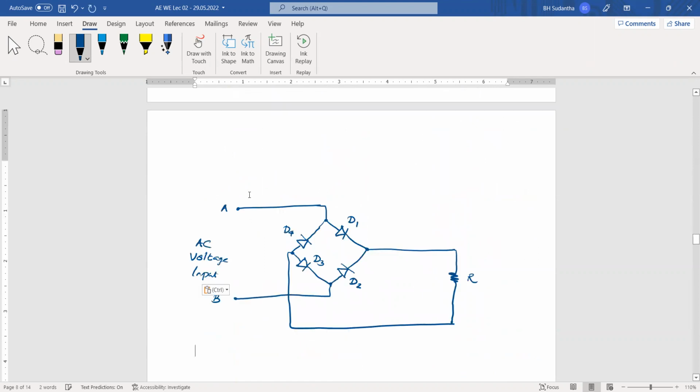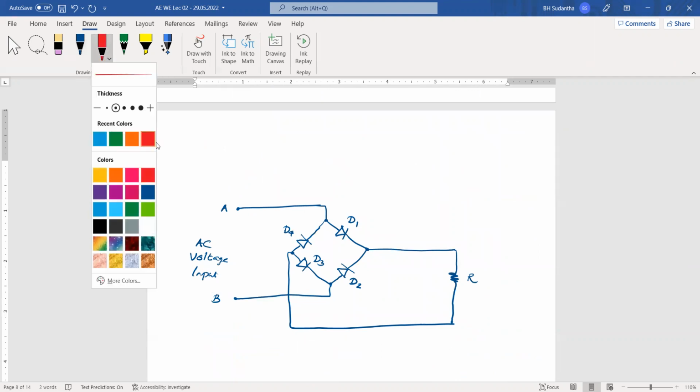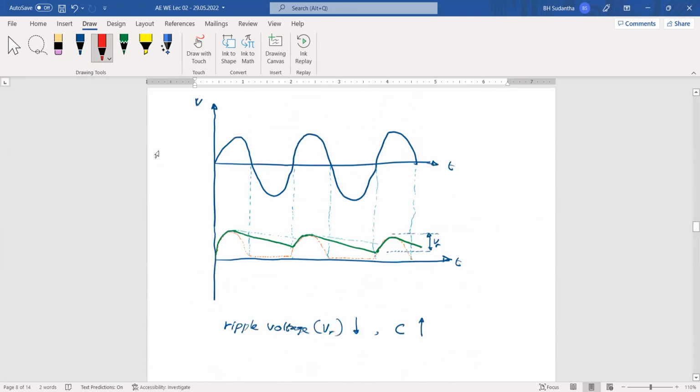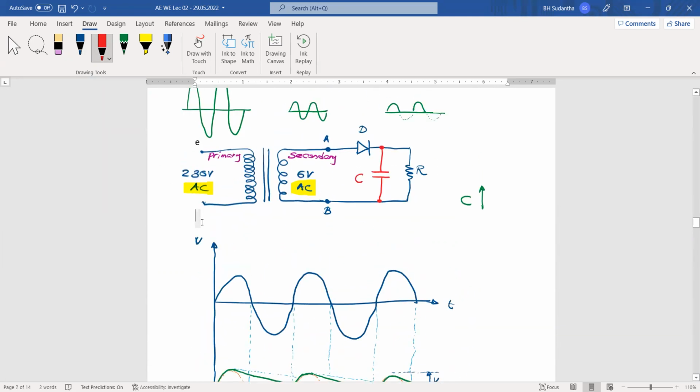So in this full wave rectifier circuit, we can introduce this capacitor here also. Then let's try to understand what will happen, and we can take this waveform.